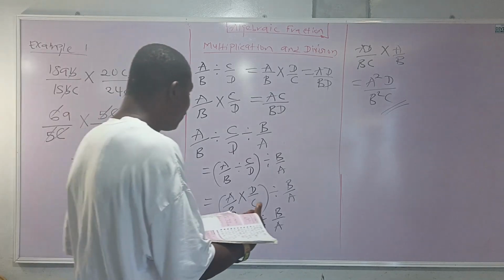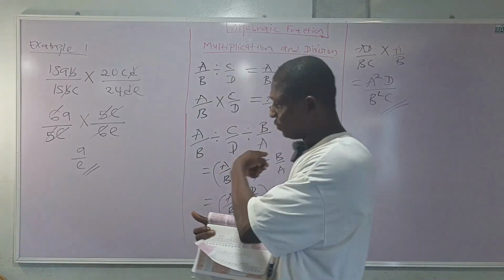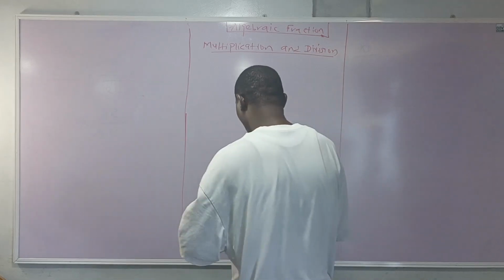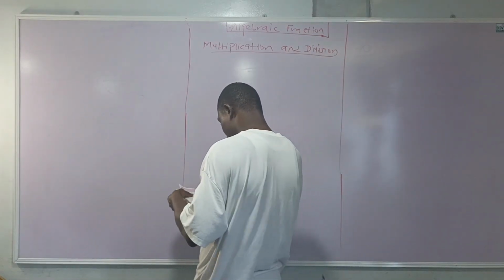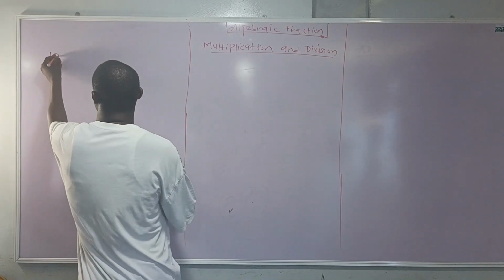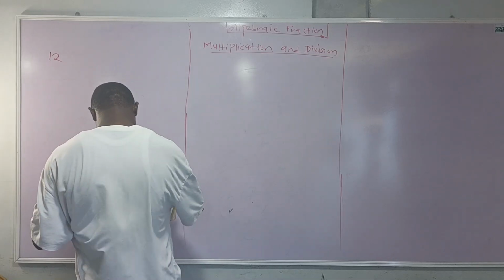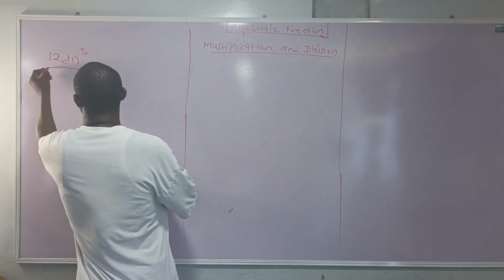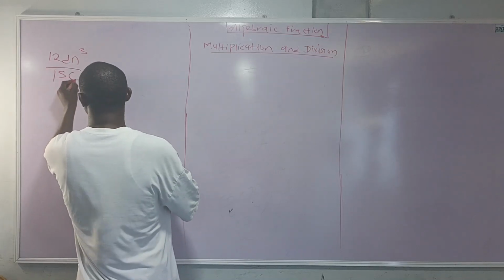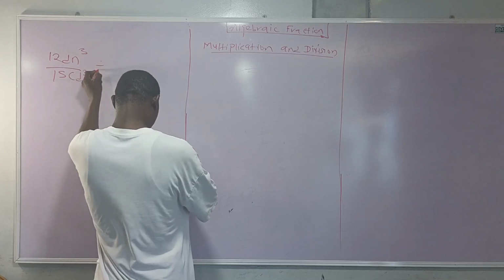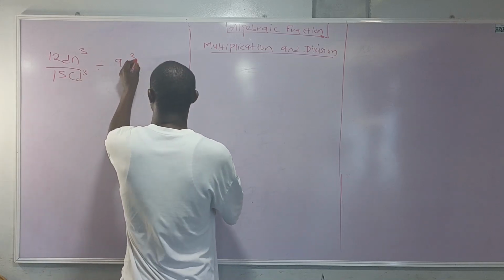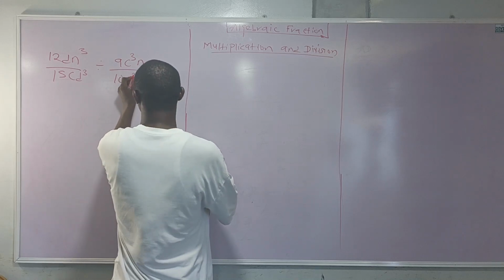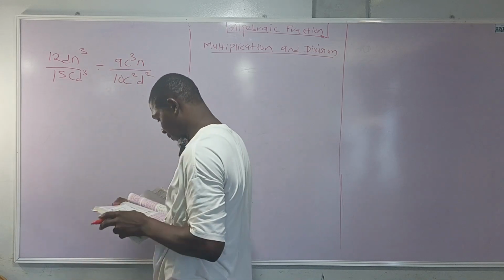Let's take another example. Let's assume we have 12dn cubed divided by 15cd cubed, divided by 9c cubed n all over 10c squared d squared.